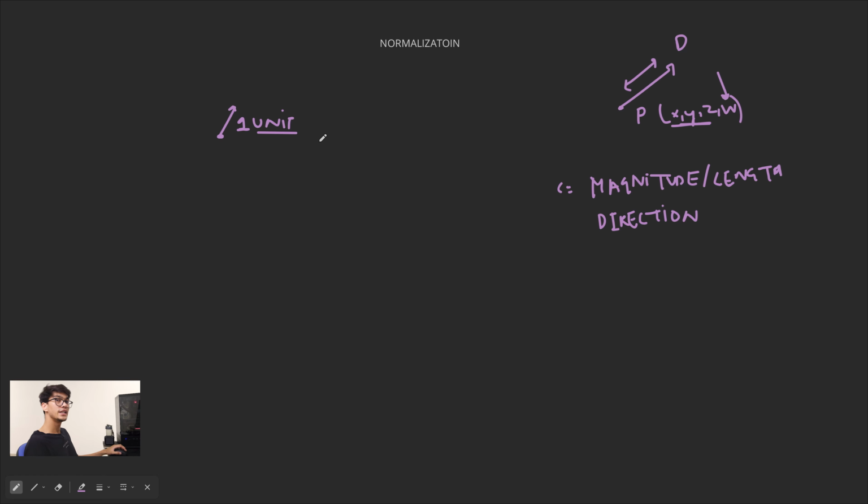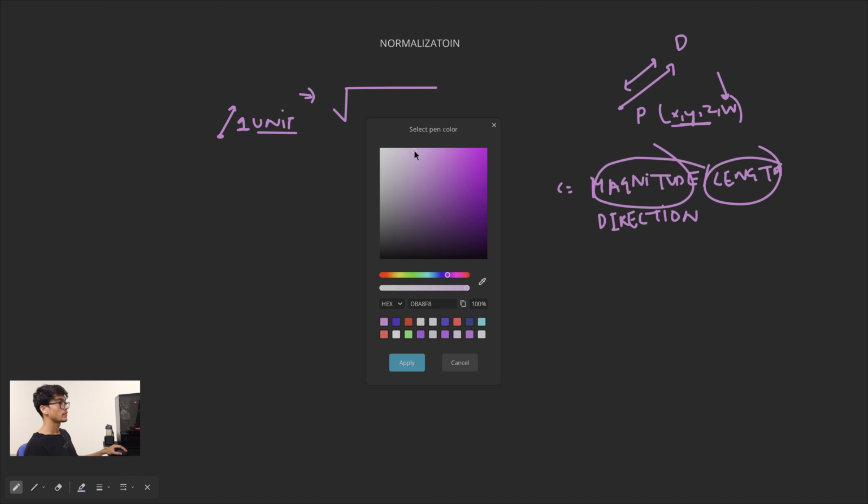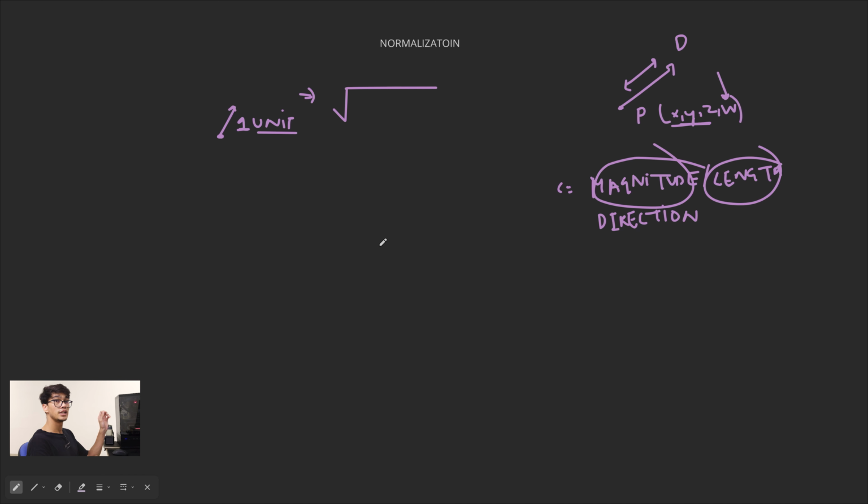And how does Houdini normalize a vector? To make anything of one unit magnitude, first we need to know its magnitude and its length. To calculate this, we use the Pythagoras theorem, but with three components.